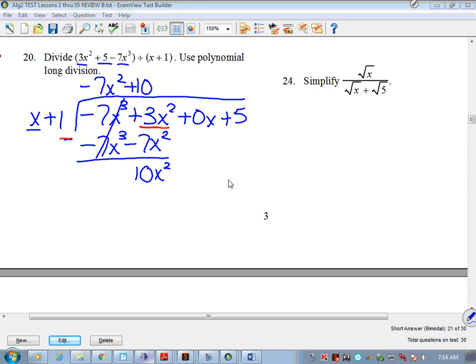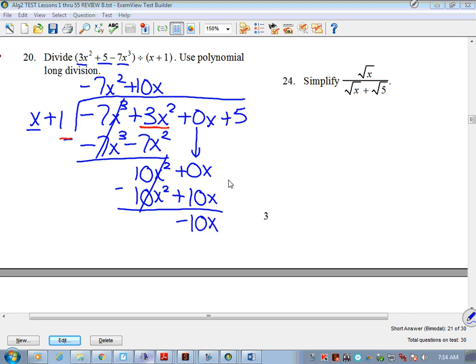And I'd also have to multiply it by x to get the x squared. We're going to bring down our 0x. All right. So 10x times x is 10x squared. 10x times 1 is 10x, and we want to subtract. Well, that's going to cancel those out, and 0 minus 10x is negative 10x.